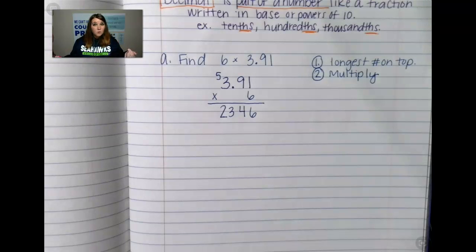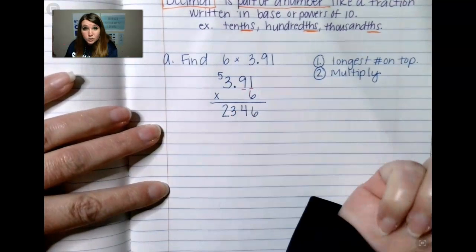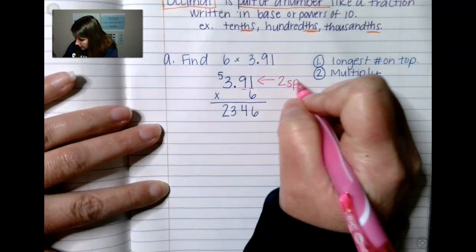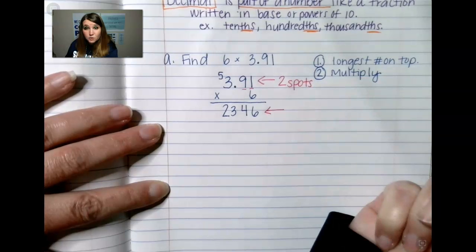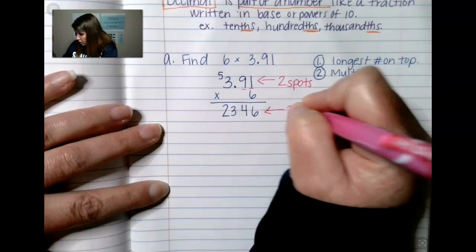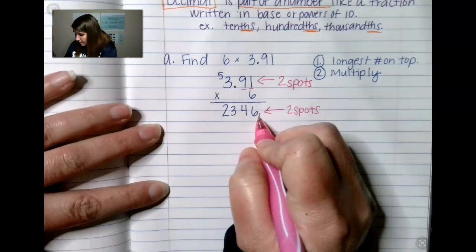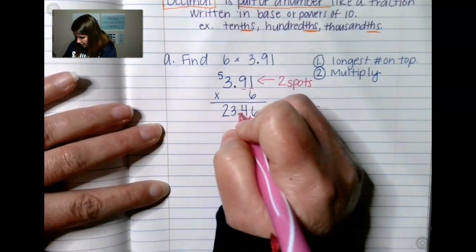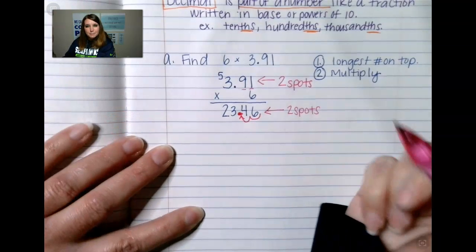The decimal goes however many places it was up above. We had tenths and hundredths, so that was 2 spots. Down here, I'm going to move my decimal 2 spots. I start on the end and bunny hop: hop, hop, dot.